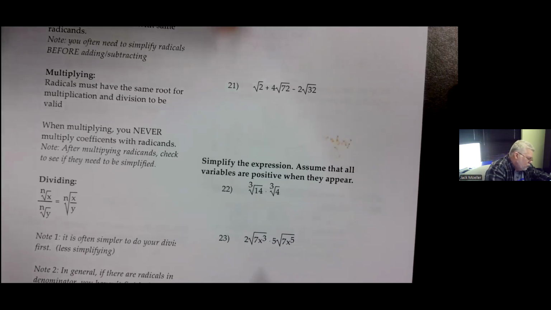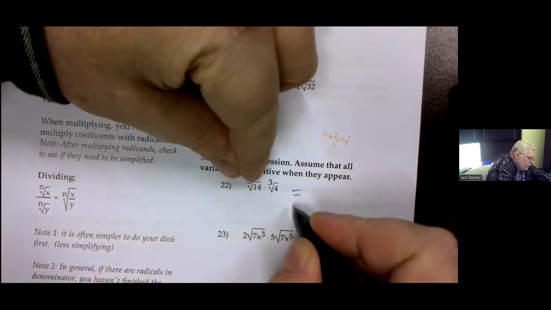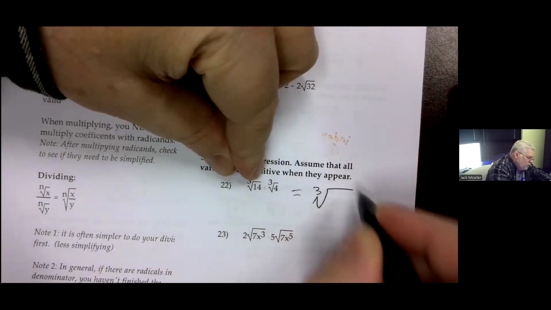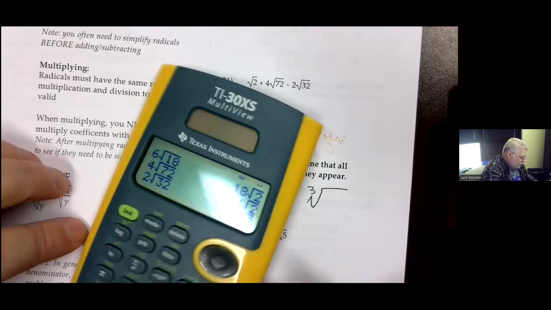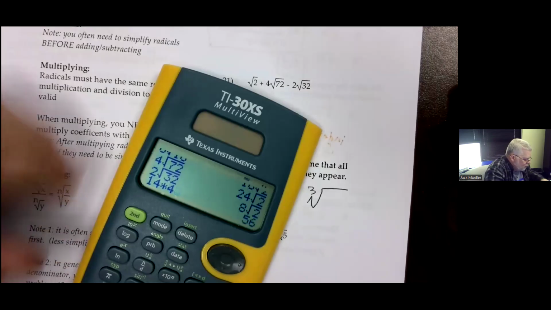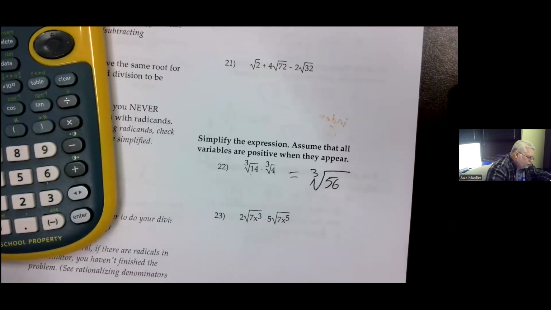In 22, we have cube root of 14 times cube root of 4. So they're both cube roots, and the way we do that is just 14 times 4. What was that, 52? No, sorry, 56. Does that simplify?